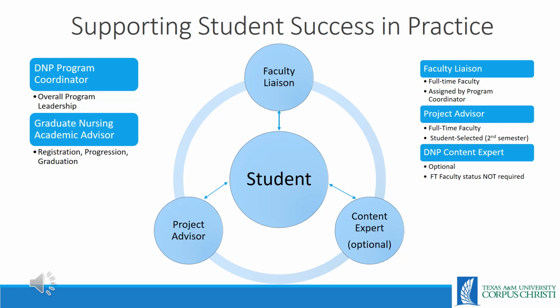The Faculty Liaison is assigned by the DNP Coordinator, and they assign each student a faculty liaison at the time of admission to the DNP program. The faculty liaison is a full-time TAMU-CC tenure-track faculty who is considered an expert in the student's area of scholarly effort, or will support the student in finding such an expert.